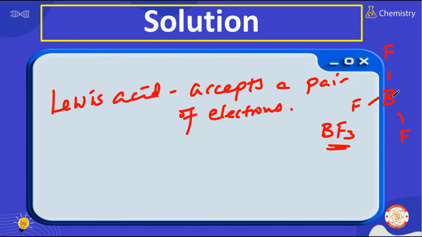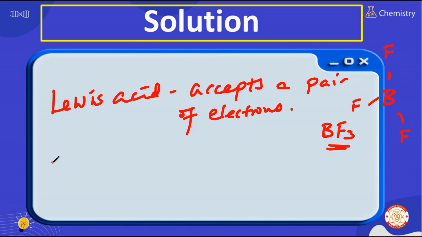So it has only 6 electrons around the central atom, so it's less than octet. To fulfill the octet, it needs 2 more electrons. Therefore, this substance acts as a Lewis acid because it can accept an electron pair.